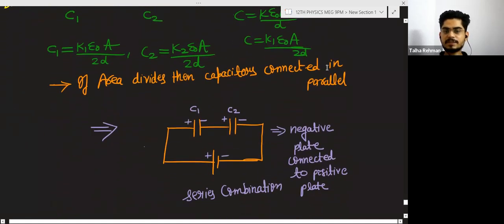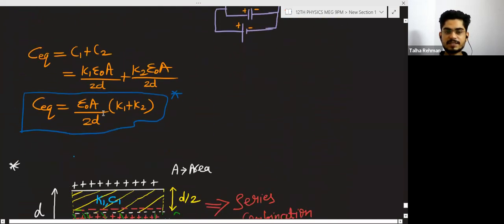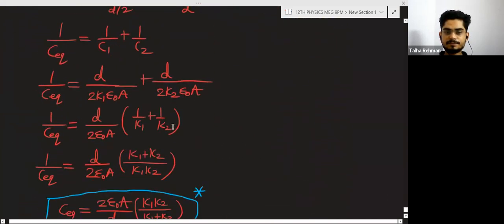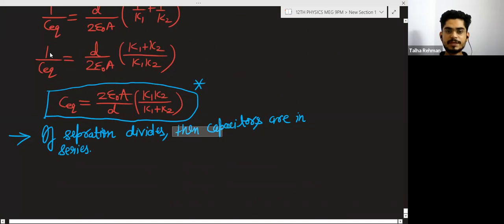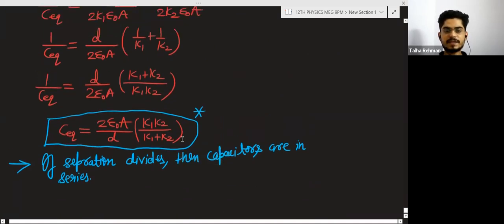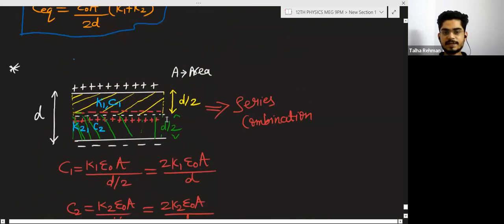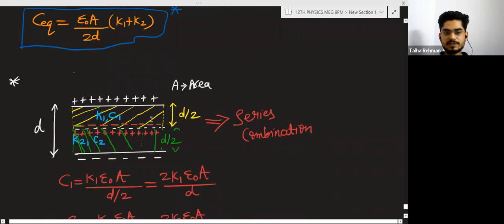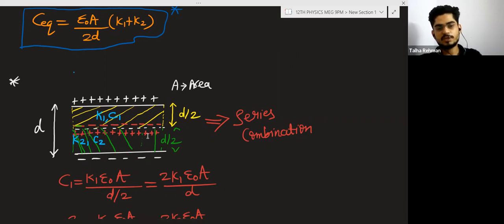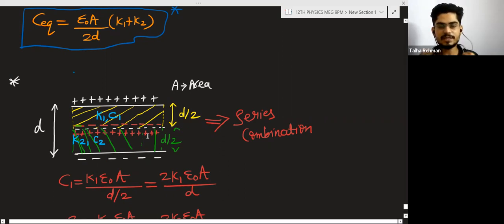If the distance, that is the separation, divides, then the capacitors are connected in series. Here the dielectric is filled with respect to the distance between the plates, so this is the series combination. Two ways to identify these things.